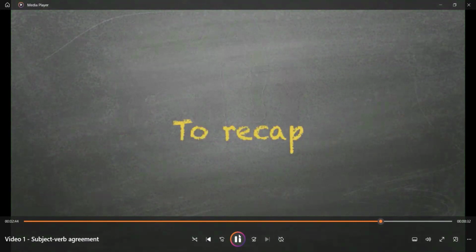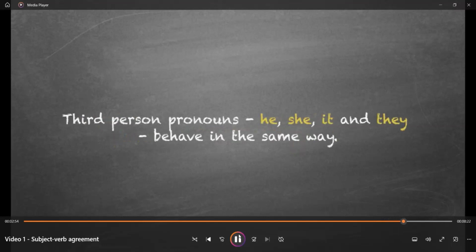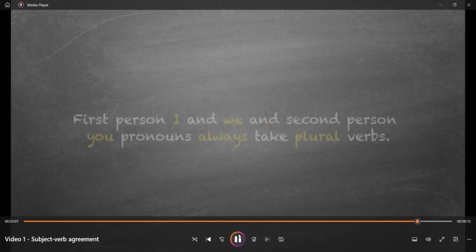To recap, a singular subject needs a singular verb, and a plural subject needs a plural verb. Third-person pronouns, he, she, it and they, behave in the same way. First person I and we, and second person you pronouns always take plural verbs.